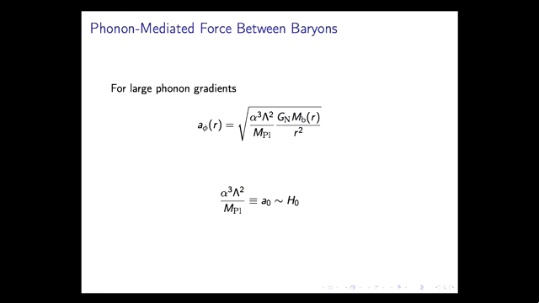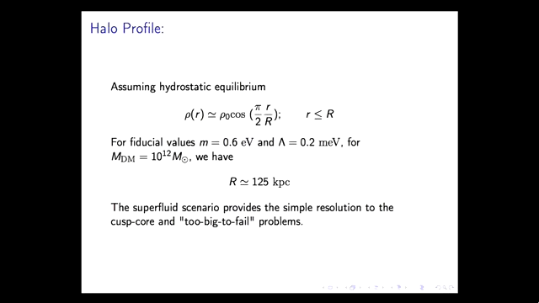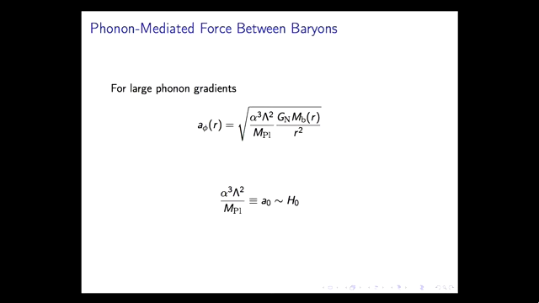Okay, so we have this nice, more or less homogeneous core of the superfluid, and we can find the force mediated by these phi fields, the phonons, in the regime when gradients dominate and we are in the MOND regime. The acceleration for the probe particle is given by this expression.